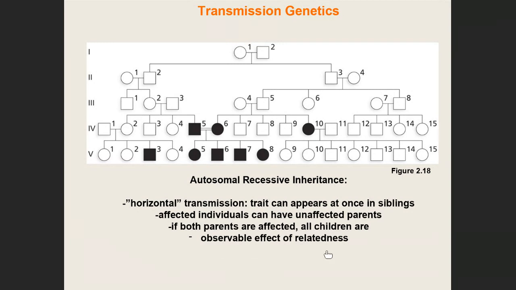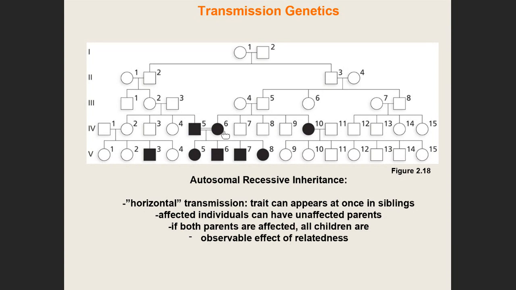And there's an observable effect of relatedness. What does that mean? It means if there is some kind of family relationship, even if it's somewhat distant, there's a much higher probability for a recessive trait or recessive disease to in fact be transmitted as 2 recessive alleles.